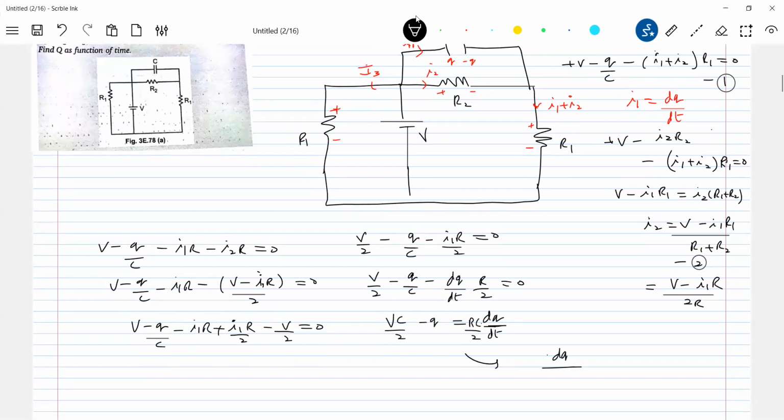So dq over (VC by 2 minus q) equal to dt by (RC by 2). At t equal to 0, there is no initial charge. Integrating will give the required answer for charge at any time t.